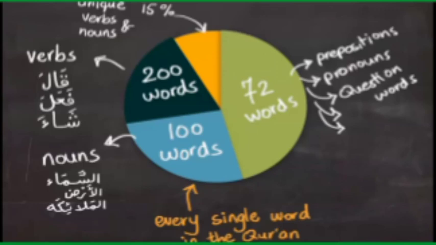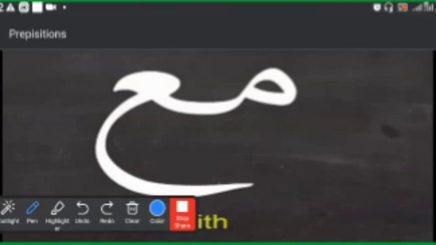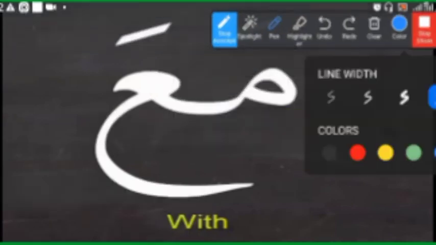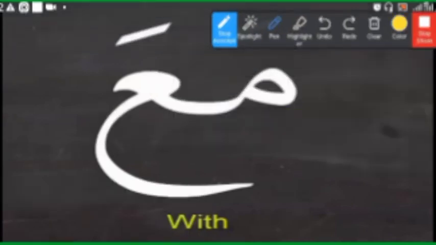Okay, fair enough. So let's proceed to today's list. The first word that we have in today's list is the word ma'a. Ma'a means with. Ma'a can join with other pronouns.